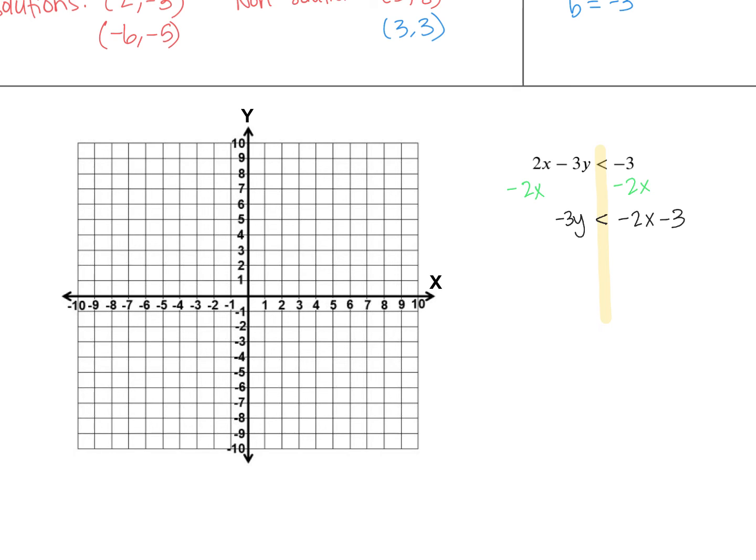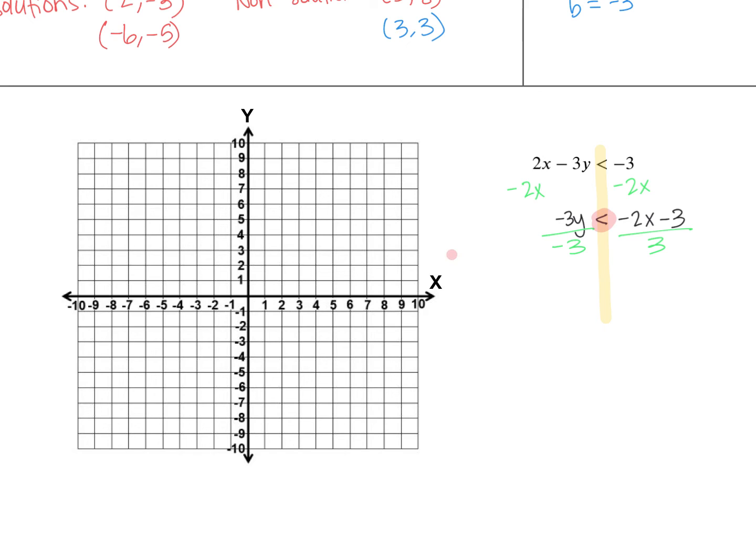Now we're going to divide by the coefficient of y, which is -3. So divide by -3 on both sides. And before we go any further, there's something really important we have to remember. Way back at the beginning of the semester, we solved inequalities like this when there was just one variable. And we learned that if you ever multiply or divide an inequality by a negative, something changes. And what's going to change is this inequality sign.